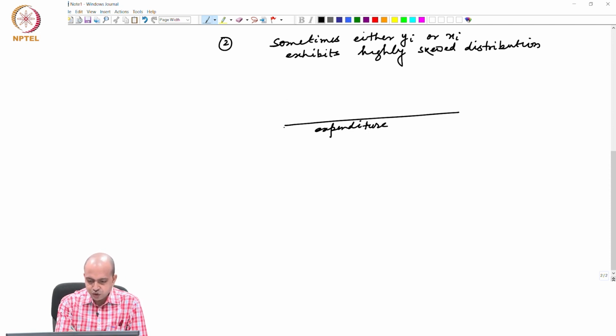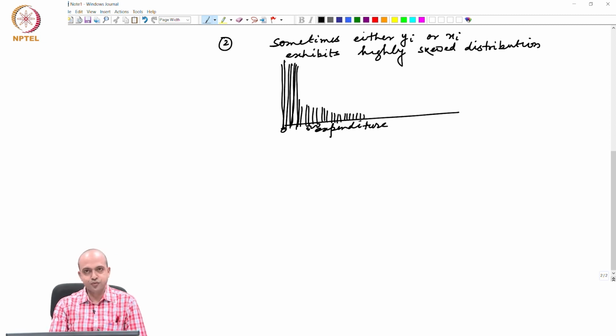this is, let us say, 0, then 500, then 100,000, like that. So, there would be huge data here in this range, and then you see this type of distribution.